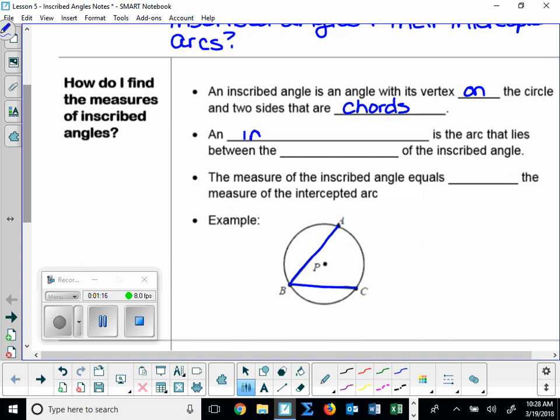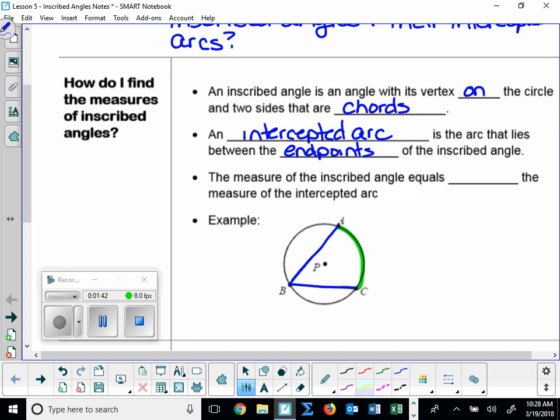The intercepted arc is what we're talking about here with arc AC. The arc that lies between the endpoints of the inscribed angle.